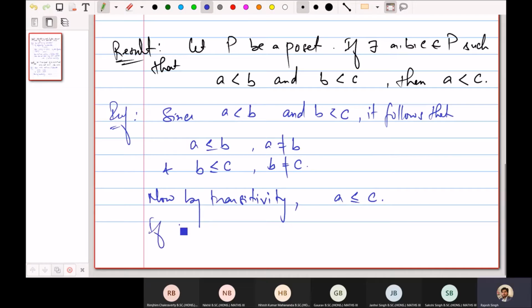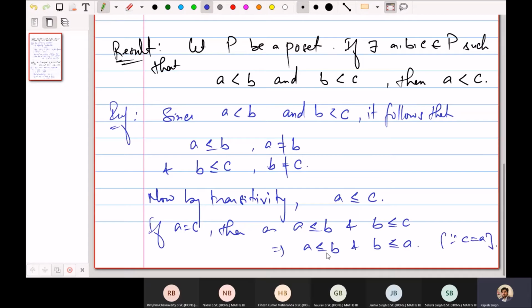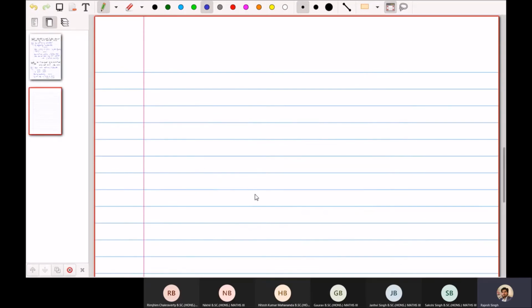Now, if A is equal to C, then as A is related to B and B is related to C, which is equal to A, this implies A is related to B and B is related to A since C is equal to A. Okay, and what does this imply?